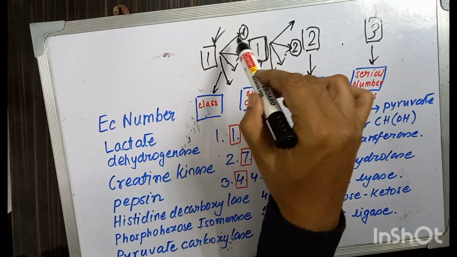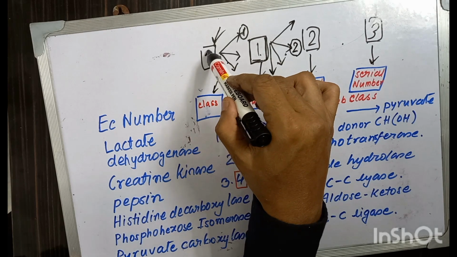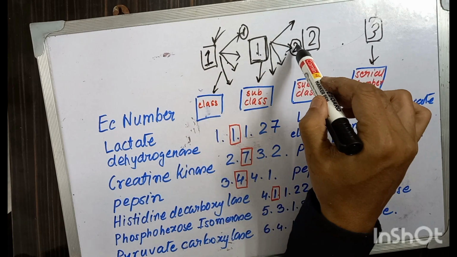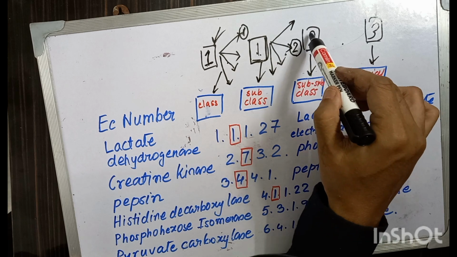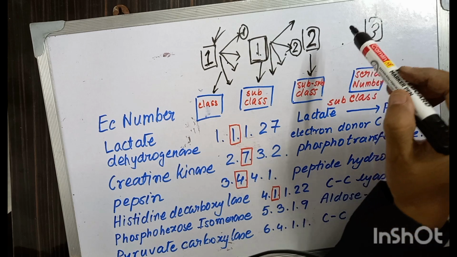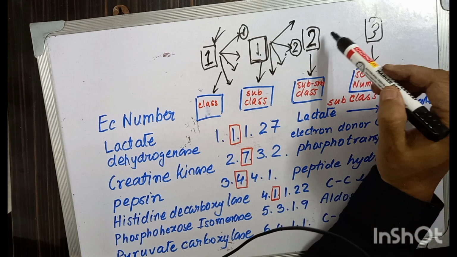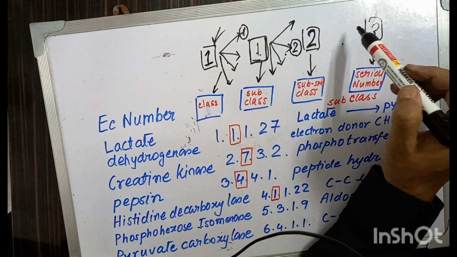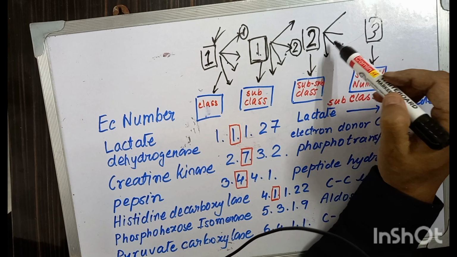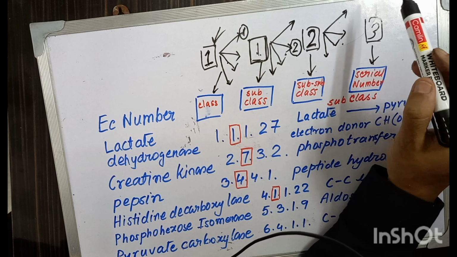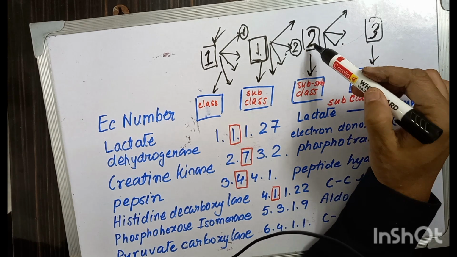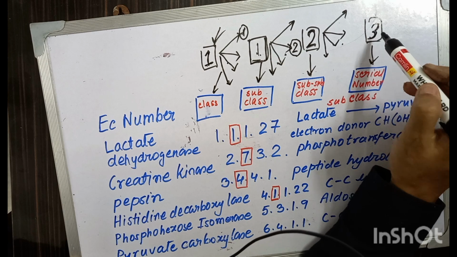This is class 1, subclass 1, subclass 2, and this last number is the serial number within a particular subclass. A particular subclass may have 30 enzymes, 40 enzymes, or 5 enzymes. So this is the third enzyme of this subclass. It has a serial number.